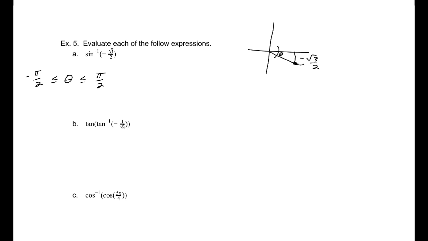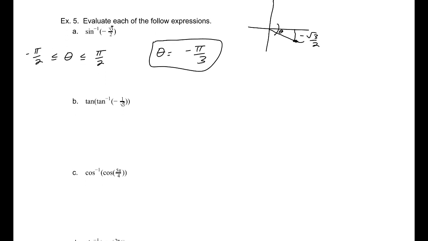If we go, that would be 5/3 pi. That's bigger than pi over 2. So what I have to say is that theta equals negative pi over 3, so that it lands between those two endpoints. Now, keep in mind the domain restrictions as we work with these.